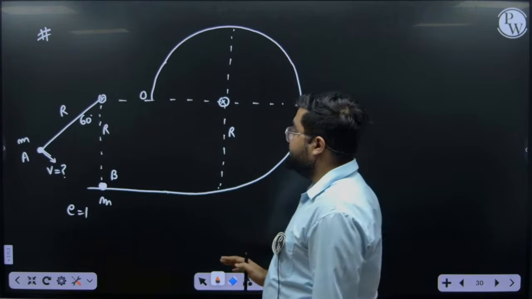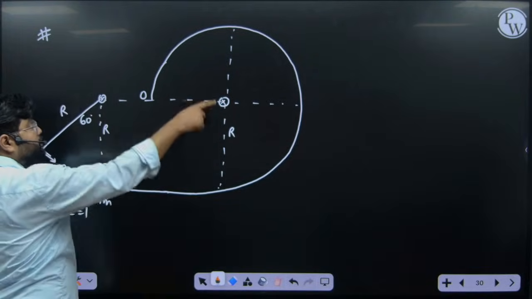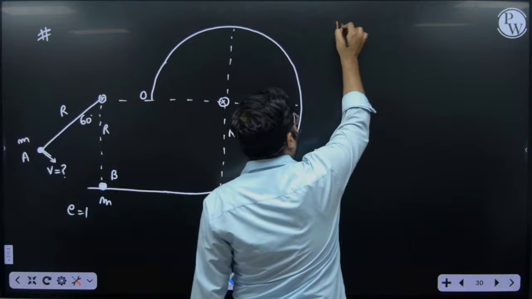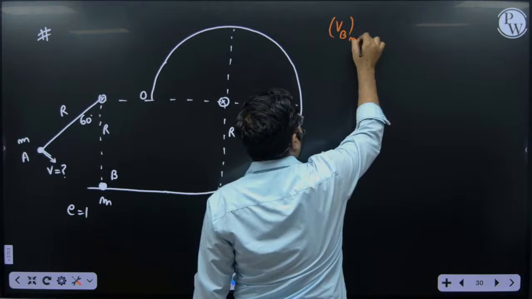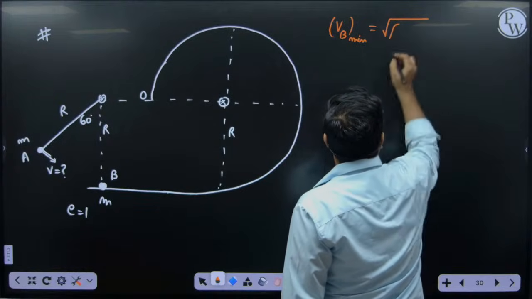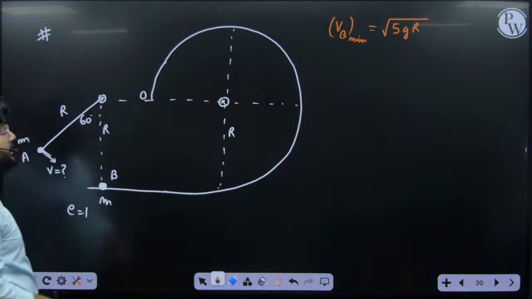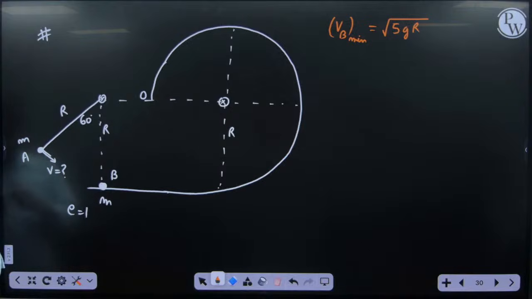So my thinking is, if V is to have minimum speed to complete the vertical circle, the minimum value of velocity of B should be under root 5gr if it were to complete the vertical circle.